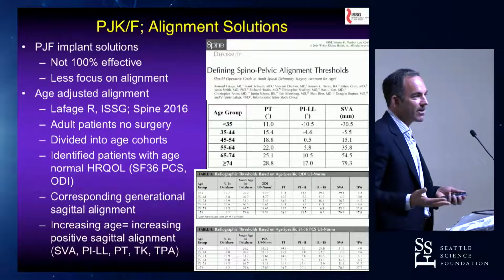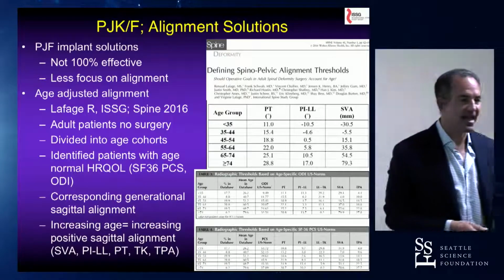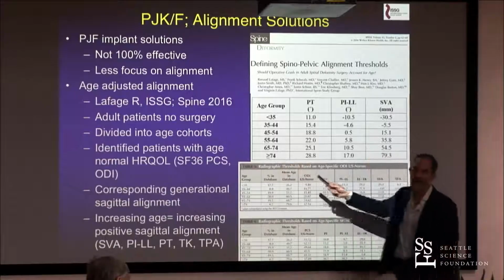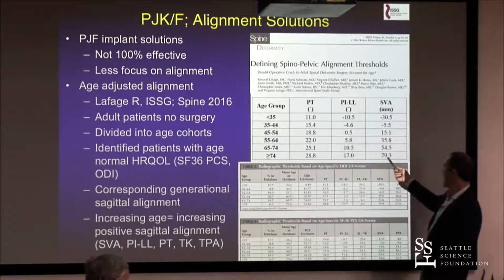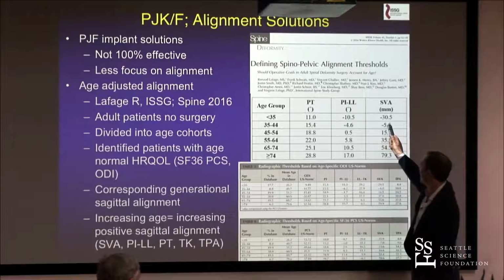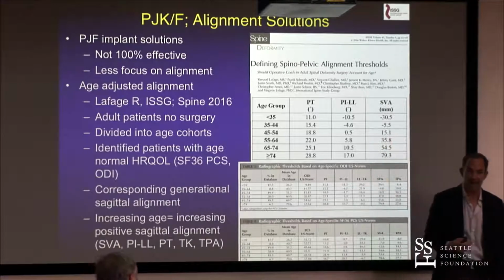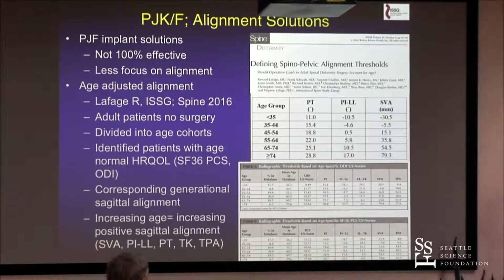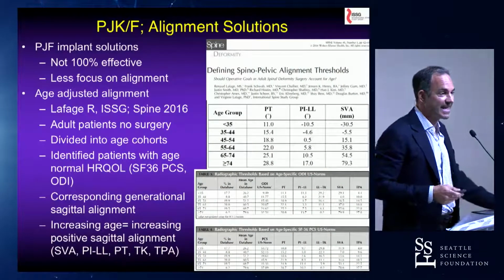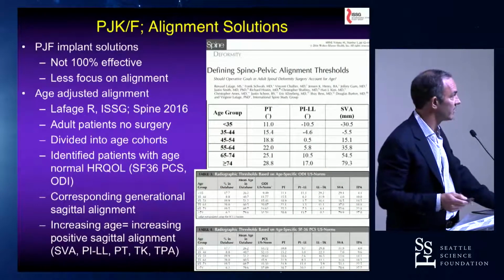So what does it matter? Well, it matters because if I take the 74-year-old and I say, wow, their SVA is 80, it's out of whack, I'm going to put it right back to maybe neutral or 5 degrees. That patient probably should not be there and is at risk for junctional failure.